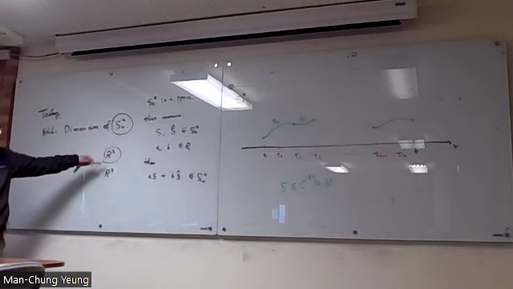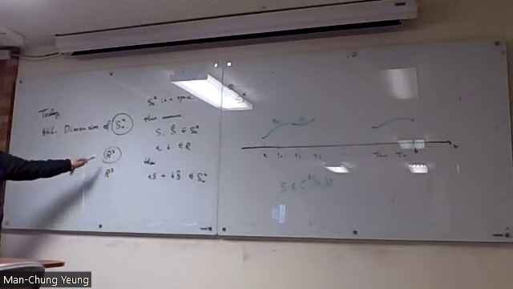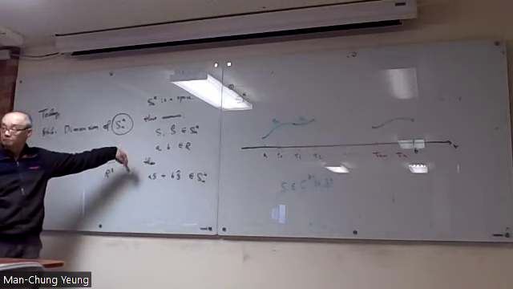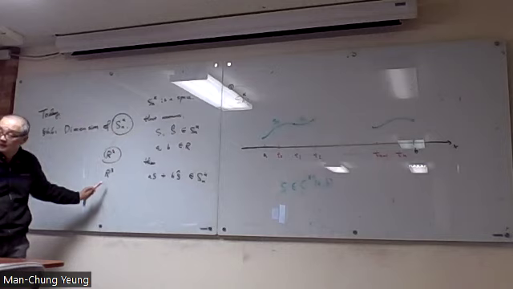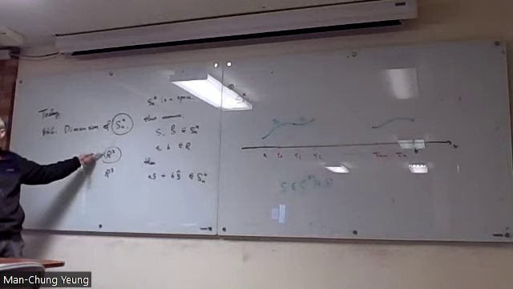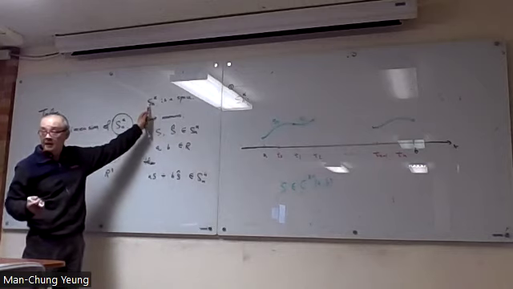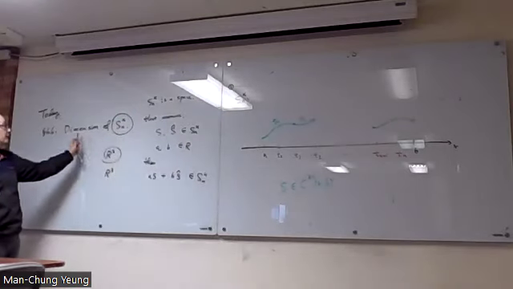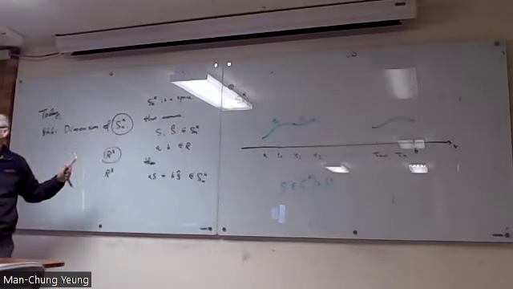R2 is the set of all the points on the plane. R3 is the set of all the points in three-dimensional space. Now, this is a space. Let me determine its dimension.